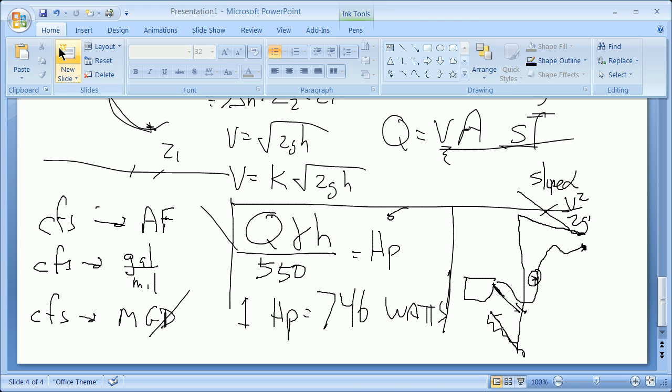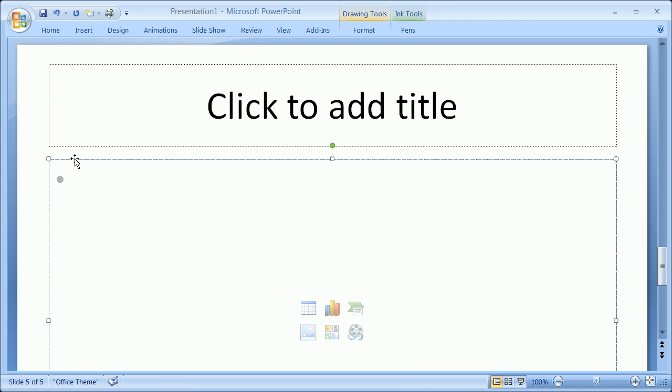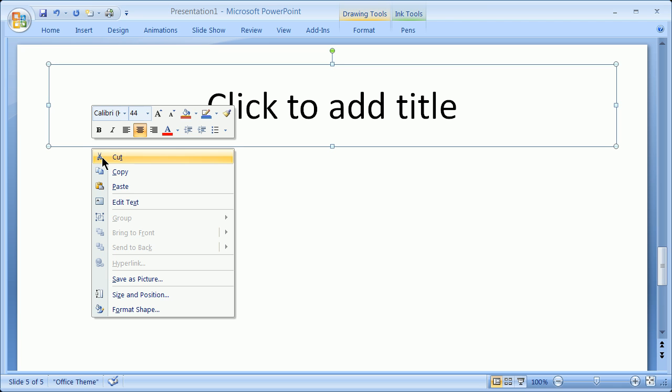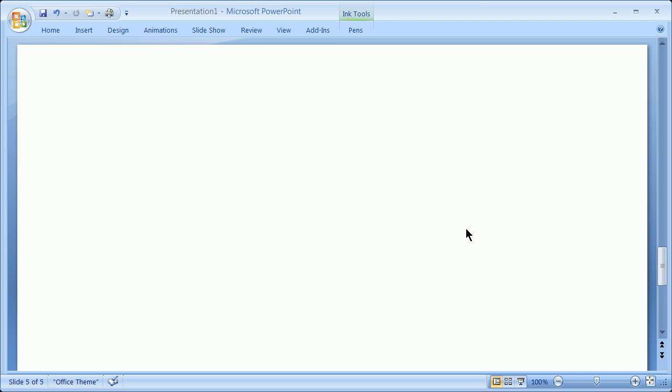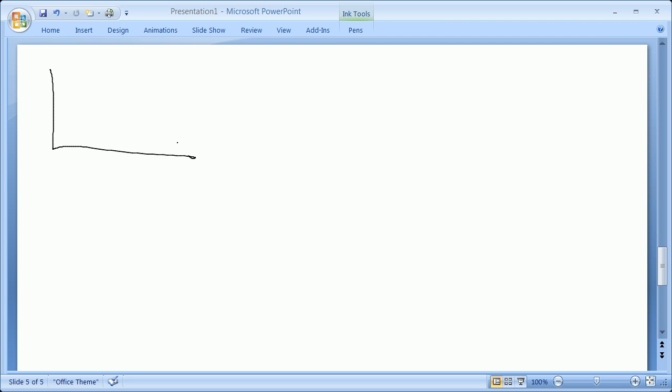We're going to go to home, new slide again, go to here. So those are the basic equations that we've talked about. We know that a hydrograph is a graph of flow versus time.